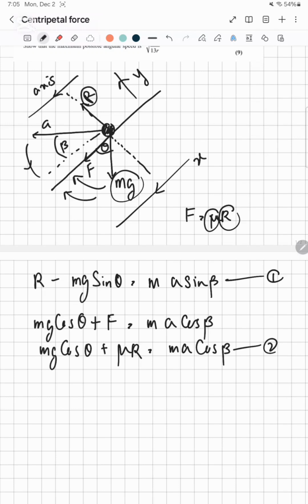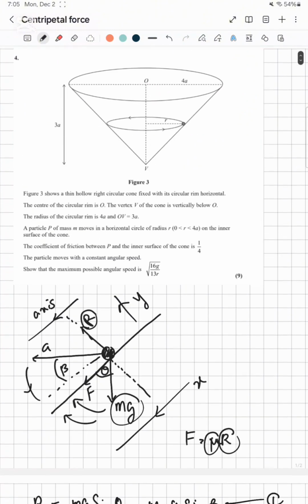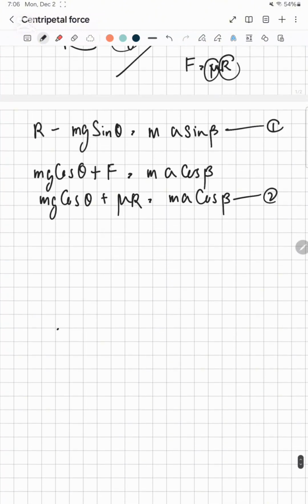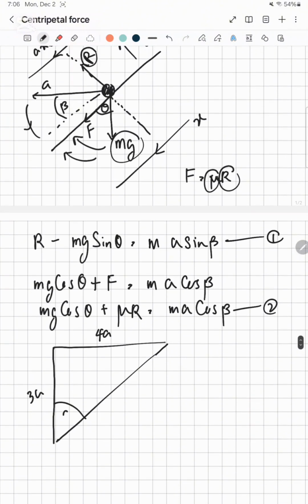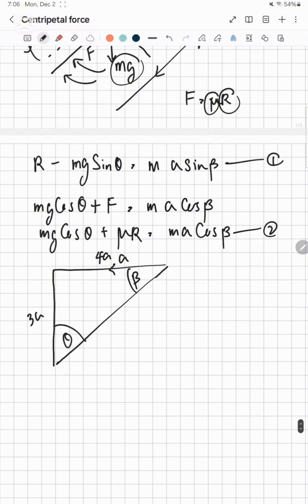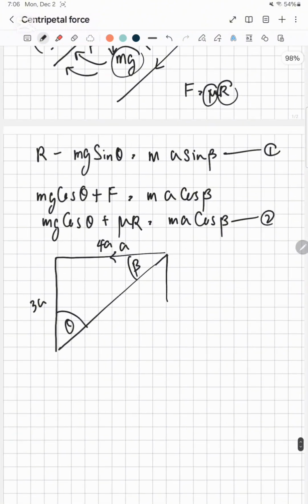We can solve this, but first we need to find the angles. We have a height of 3a and a radius of 4a. If I take this as theta and this as beta, the acceleration is towards the center, and the mass is this way.